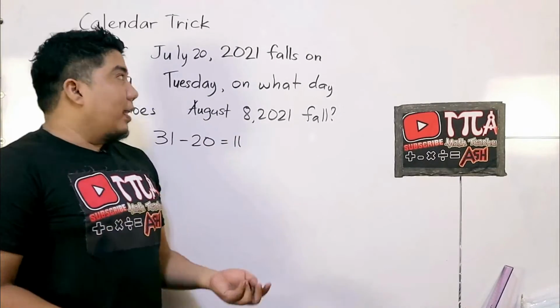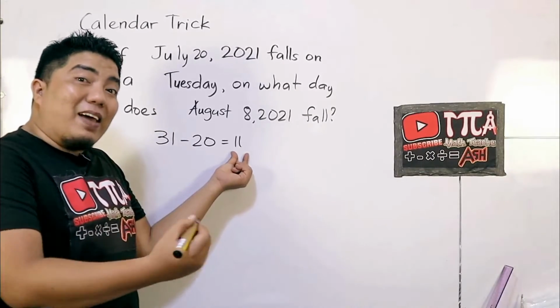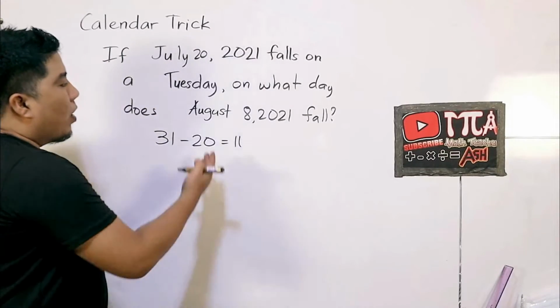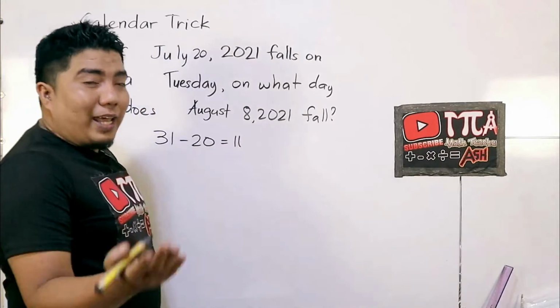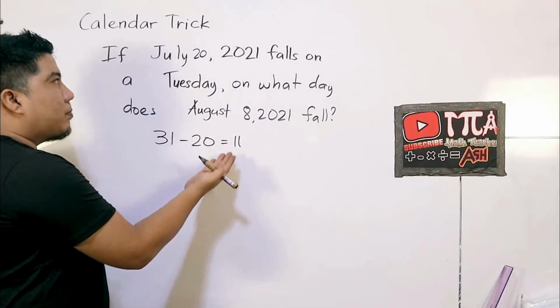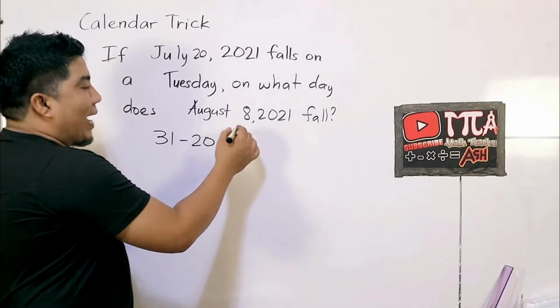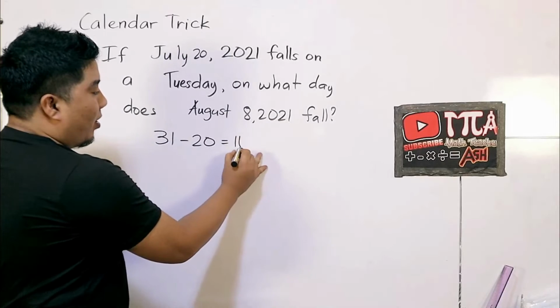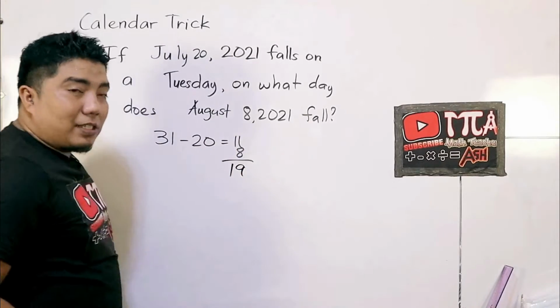Therefore, it means that in order to get to the end of July, there are still 11 days more. Now, we don't end at the end of July, but we end on August 8. So since the next month after July is August, we add this 8 to our 11, giving us 19 days.